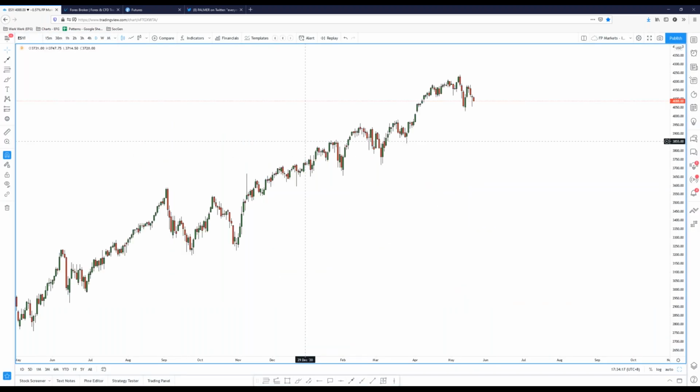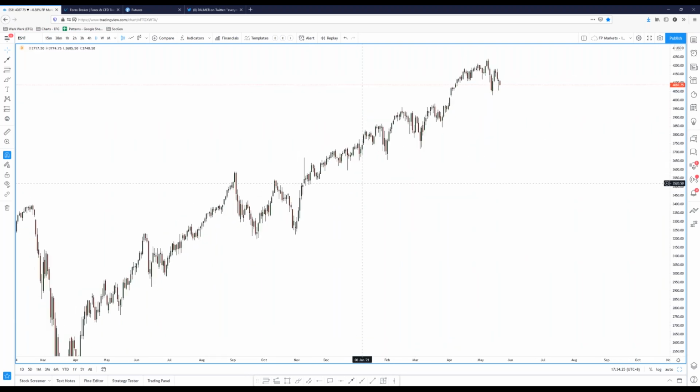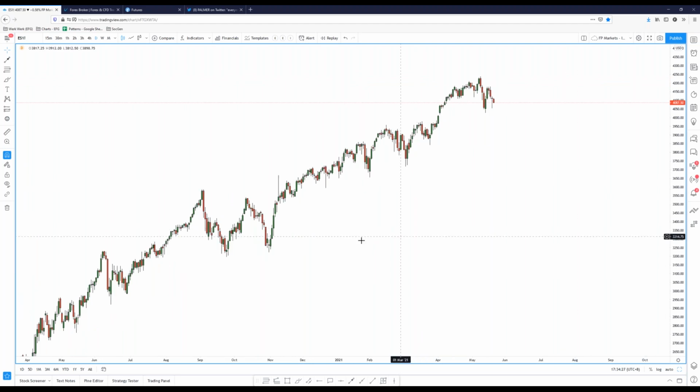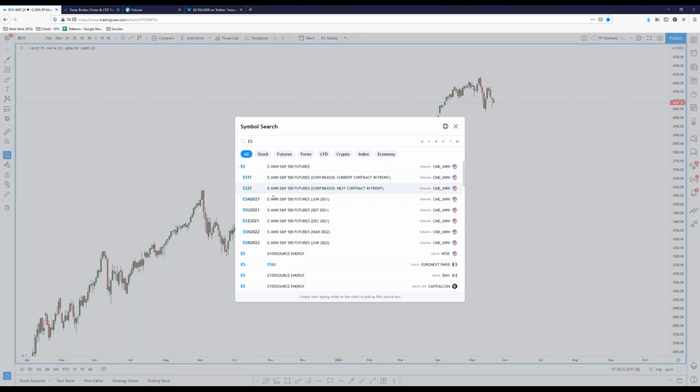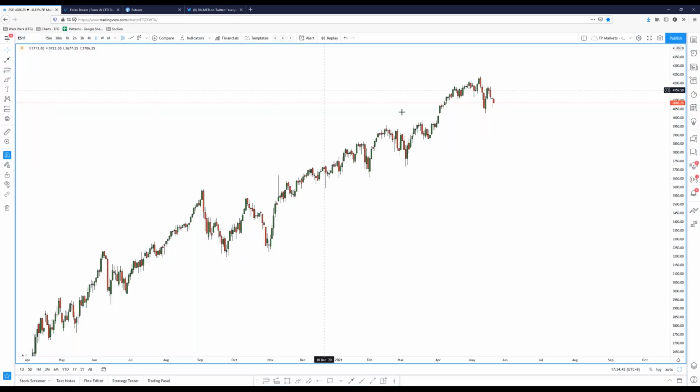Now it's towards the end of May, so it is still possible to use the current contract. When we're in June, I would generally roll over to ES2, which is the next contract in front. Because of futures, there is this thing called open interest, which should be looked at. So for now, we'll take a look at ES1.